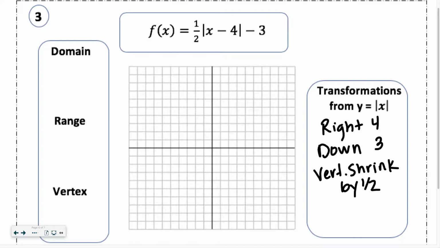So like you can think about working on the graph, right? You go up 1 right 1. Right side. So you're vertically shrinking. Right 1. That's really like up 1. I went up a half quadrant, right?